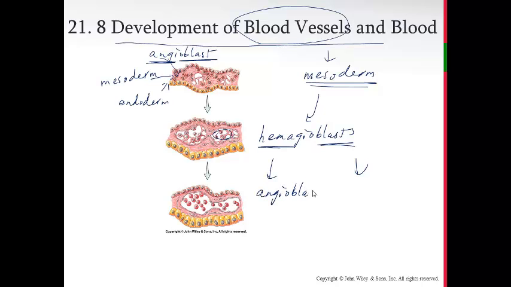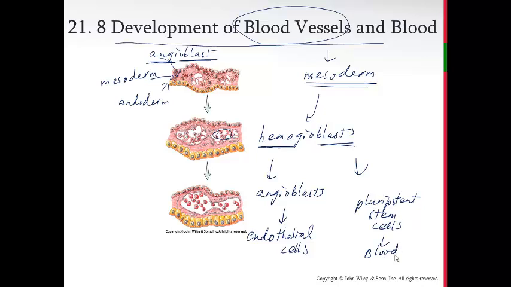Angioblasts line the endothelium, becoming the endothelial cells. And we also have our pluripotent stem cells, the hemocytoblasts, becoming blood cells. The only thing I want you to know is they came from the mesoderm, and eventually they work their way around to become endothelial cells as well as the blood cells in them.